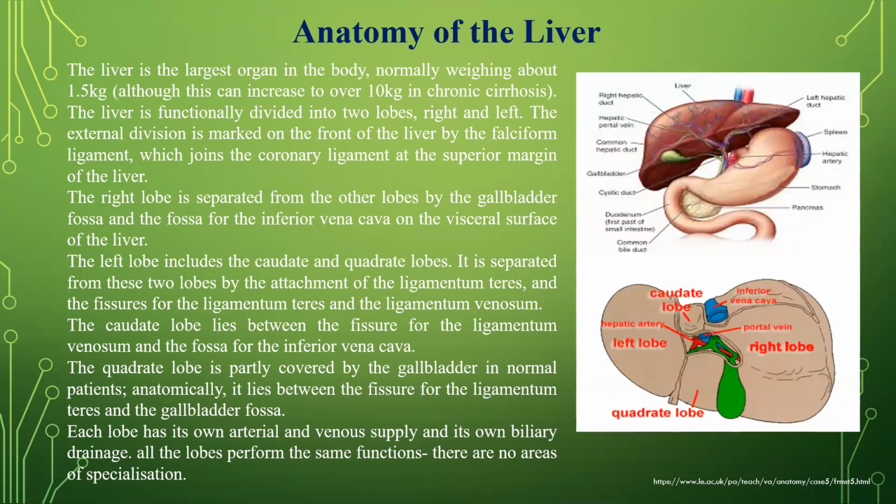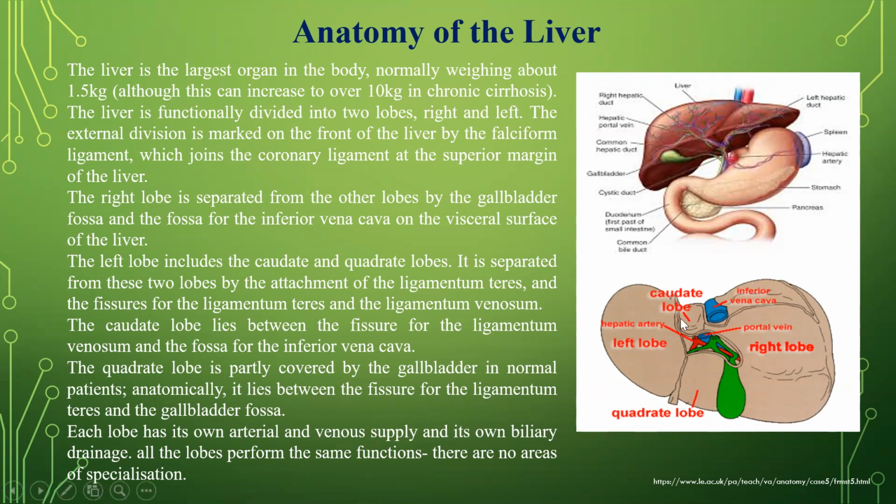The right lobe is separated from the other lobes by the gallbladder fossa and the fossa for the inferior vena cava on the visceral surface of the liver. The left lobe includes the caudate and quadrate lobes and is separated from these two lobes by the attachment of the ligamentum teres and the fissures for the ligamentum teres and the ligamentum venosum.